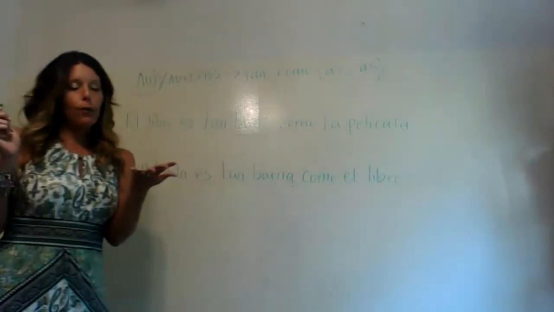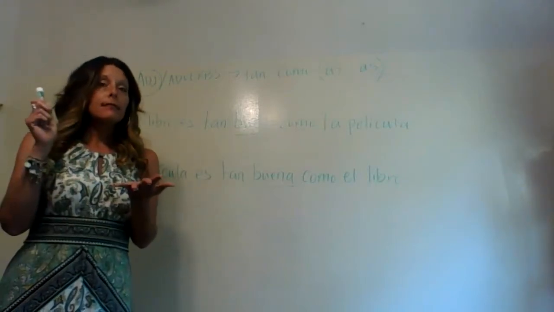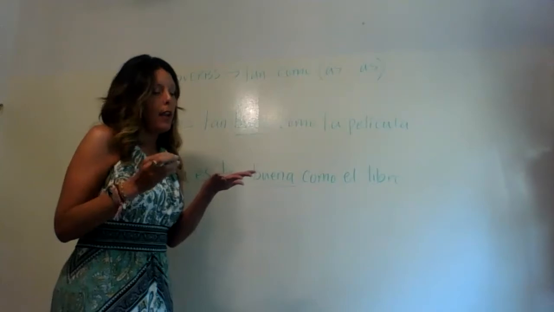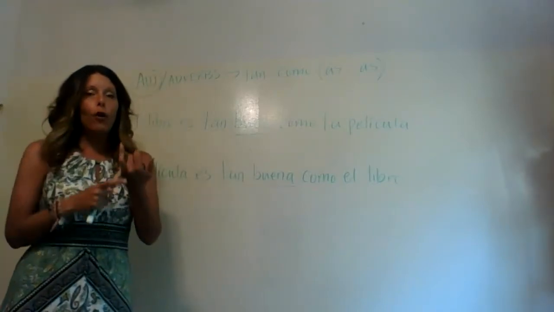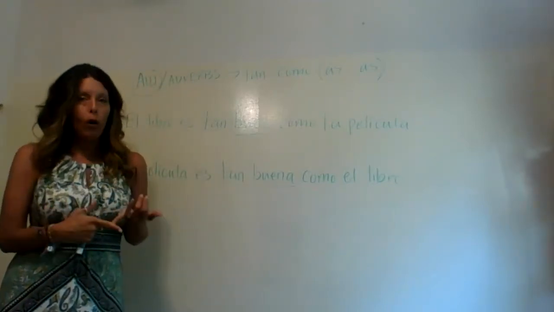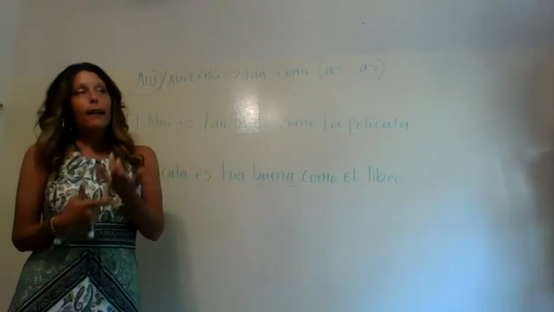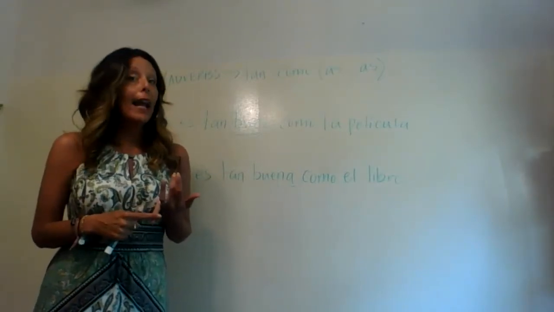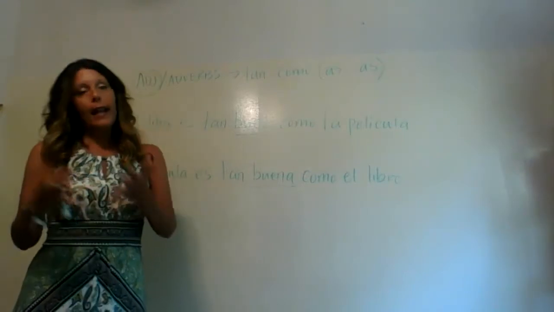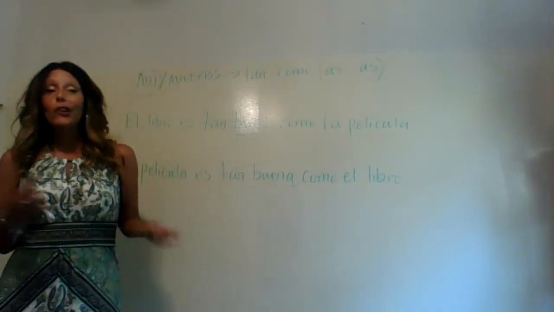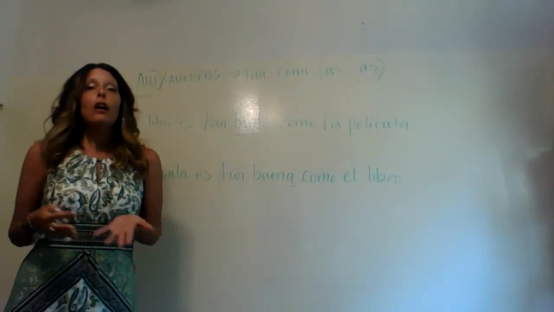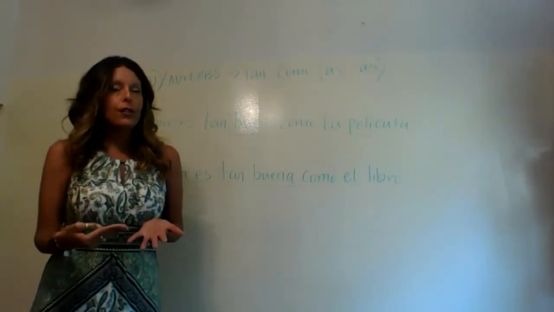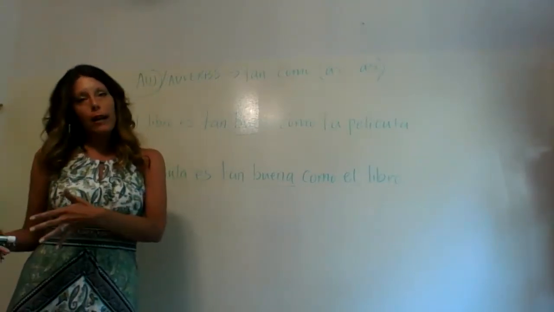So they've gone through masculine, feminine, singular, plural, and so we had everything from el libro es tan bueno como la película. Then we had la película es tan buena como el libro. And then we pluralized things and we took it to los libros son tan buenos como las películas.